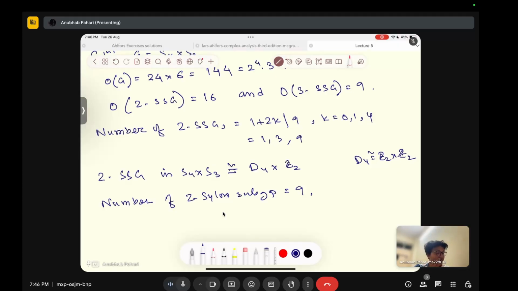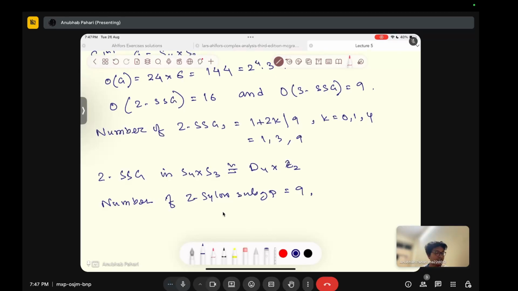Oh, by D4 I thought it is D2. That means it has order 8. Sorry. So how many subgroups of order 2 are there in S3? There are three.